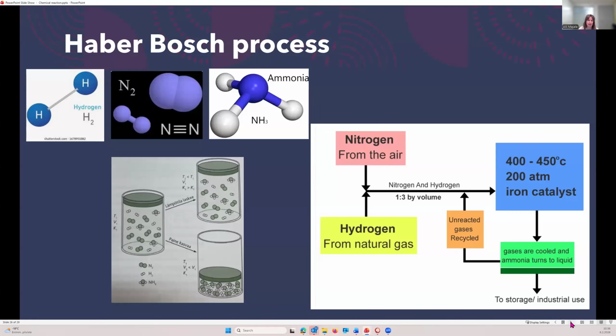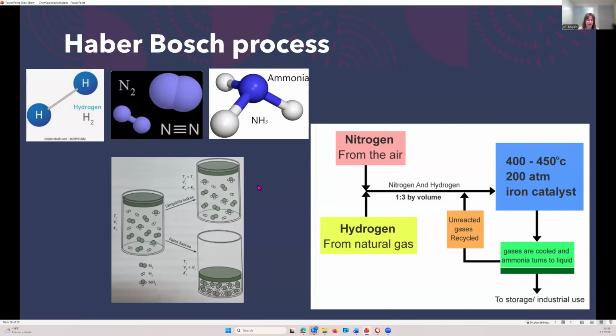Then there's still this kind of process, the Haber-Bosch process. Just an example.